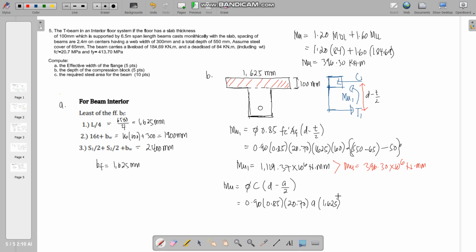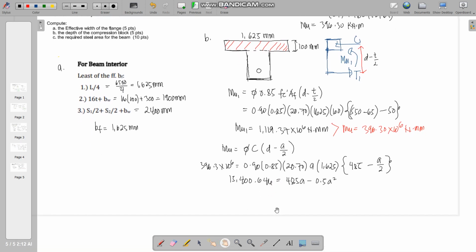So we adopt the flange width since it is within this zone, times the depth of 485 mm, which is 550 minus 65, minus a over 2. So we place in here the moment, which is 396.3 times 10 to the 6th. We simplify the equation and then we will be dealing with a quadratic equation in here.